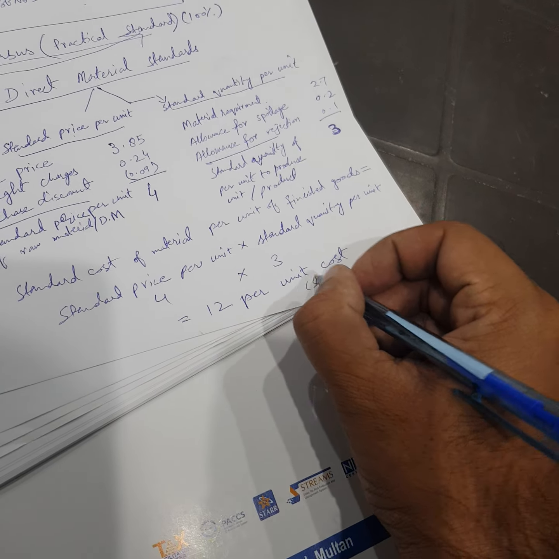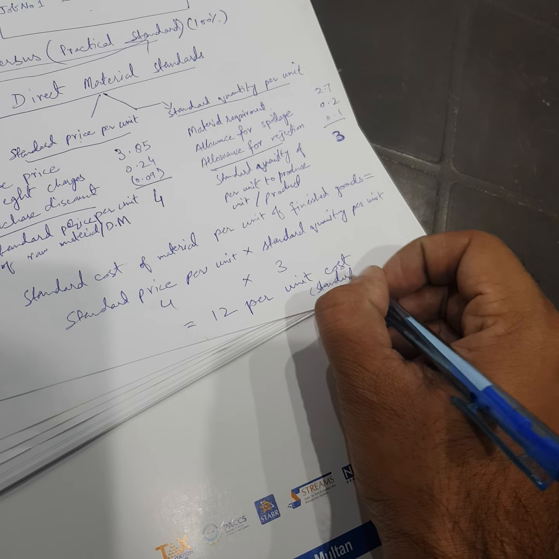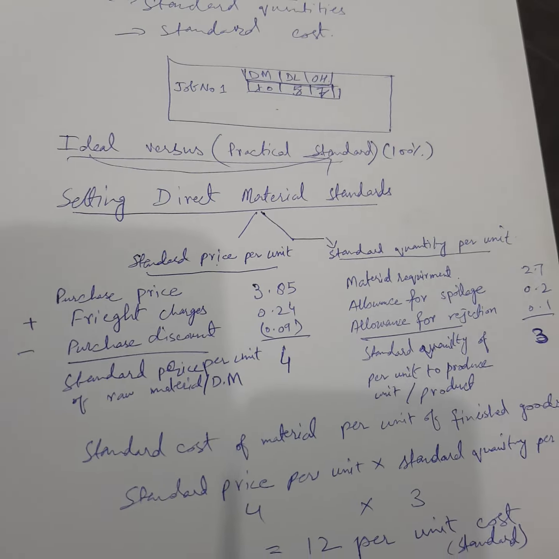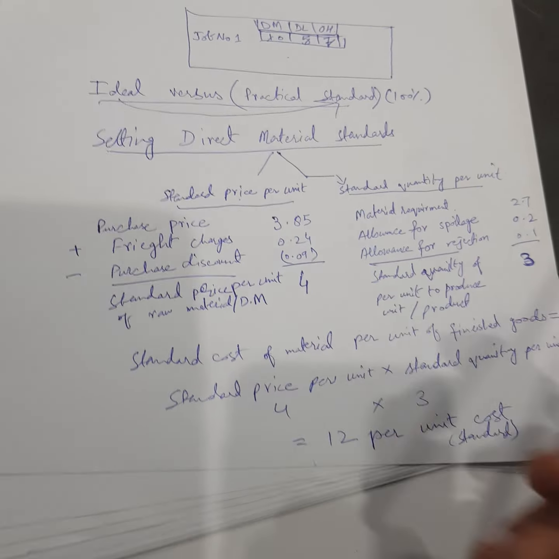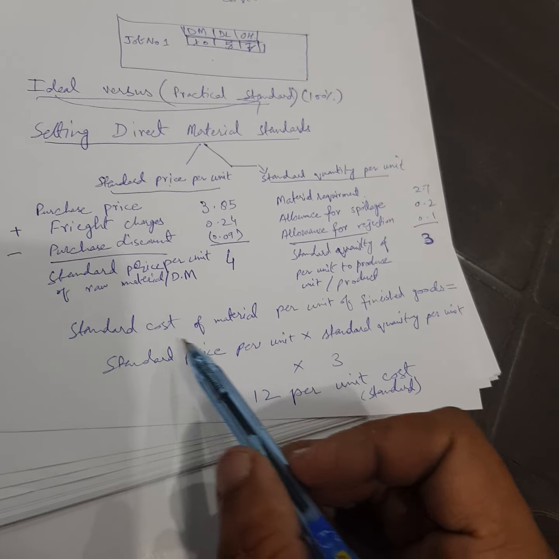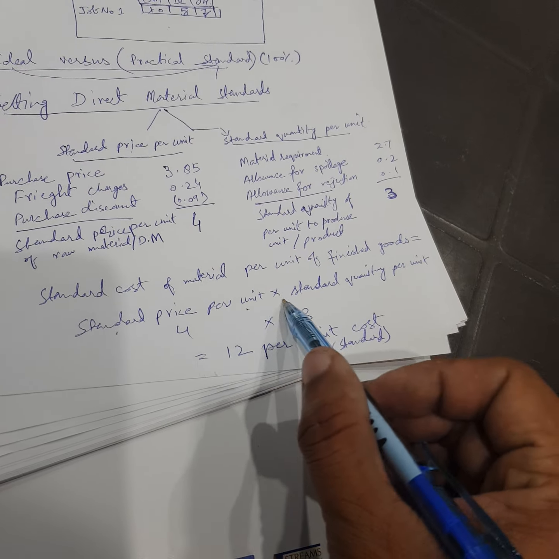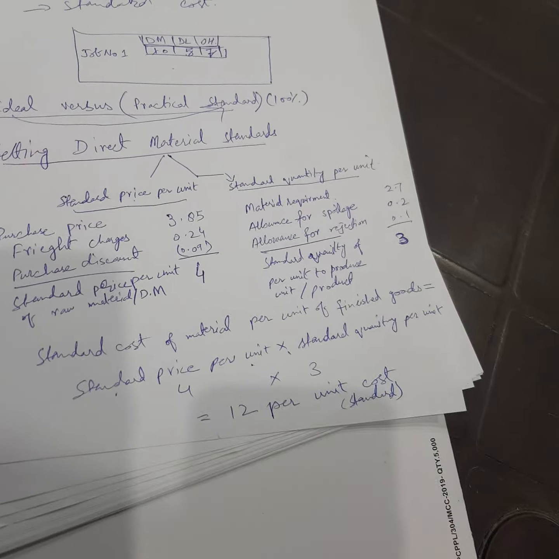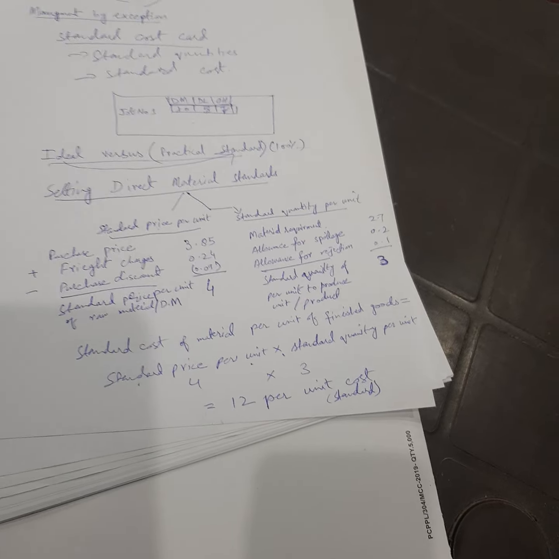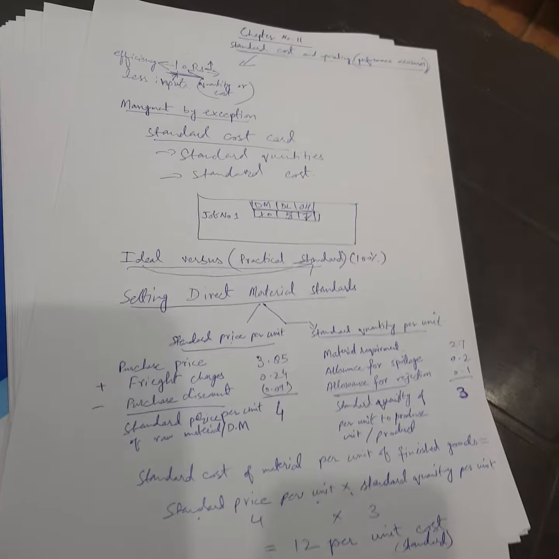It is the standard cost. Standard cost for direct material can be calculated by multiplying standard price per unit with the standard quantity per unit of raw material to produce the product.